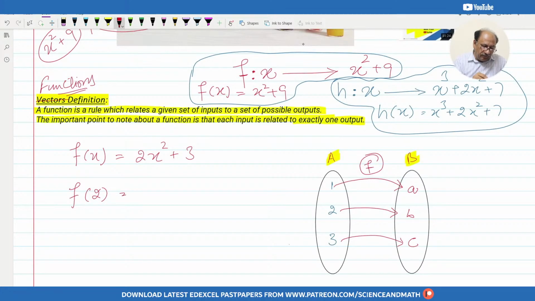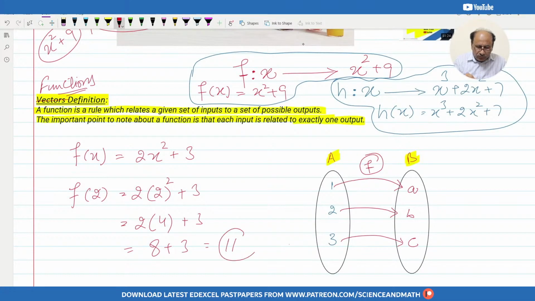So we'll have to do what? We'll have to replace x by 2. Instead of x we will write 2, and squared plus 3, rest of everything will be the same, and this will be equal to 2 into 4 plus 3, which is 8 plus 3, equal to 11. So 11 will be the value of f of 2.